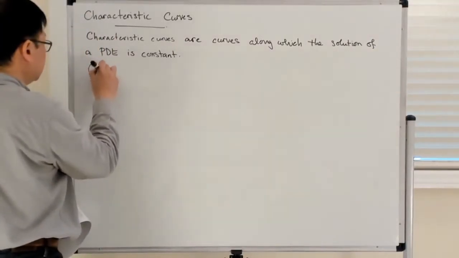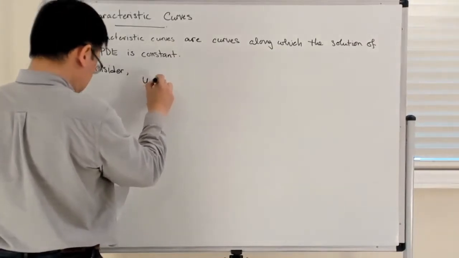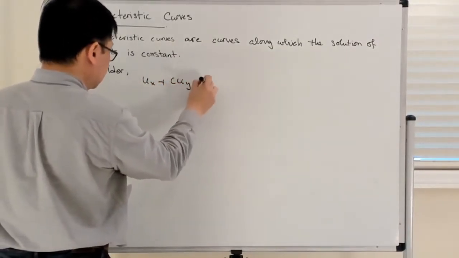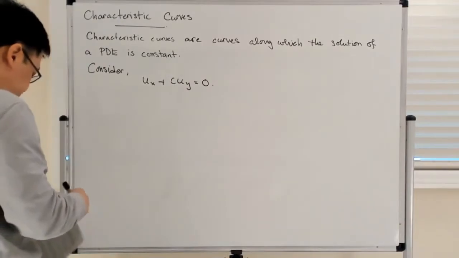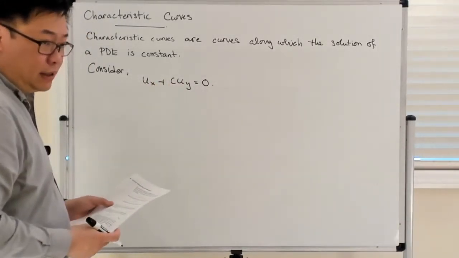So let's consider an example. Let's consider the following: u_x plus c u_y is equal to 0. This is a function obviously in x and y.